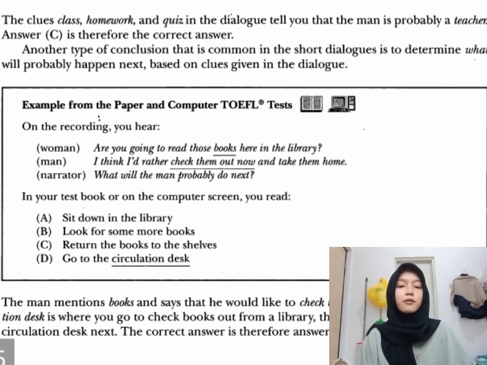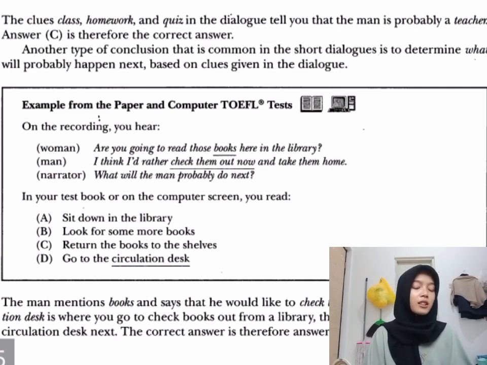Okay, we have several answers. A, sit down in the library. B, look for some more books. C, return the books to the shelves. D, go to the circulation desk. Okay, A, sit down in the library.